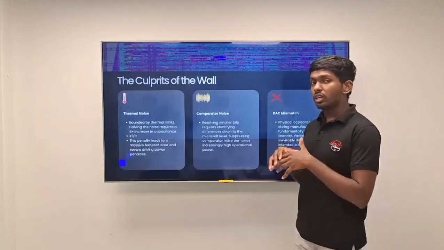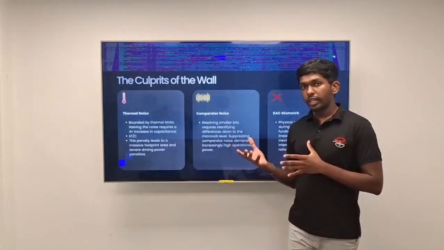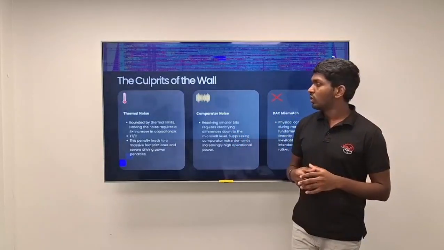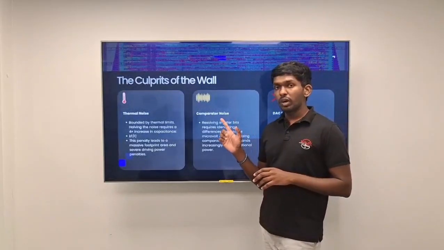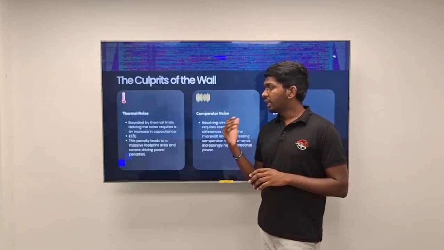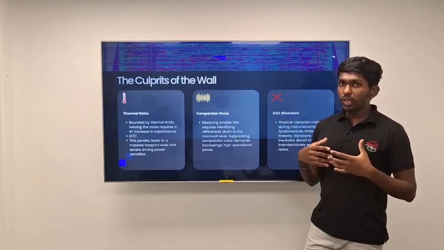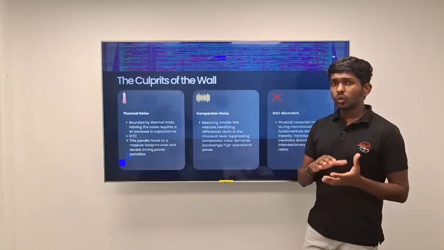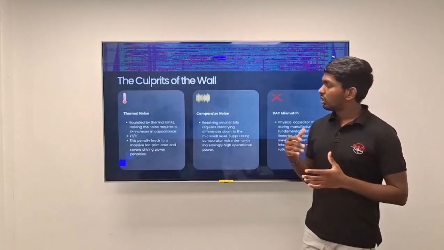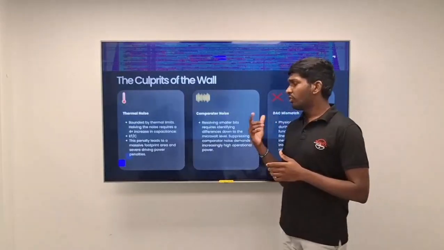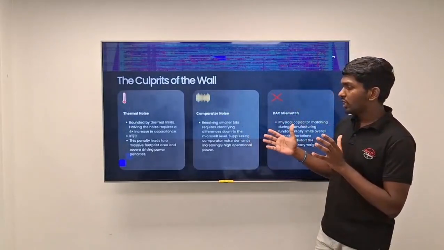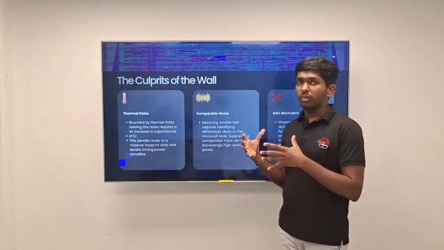That will result in larger layout areas and also switching power loss. So while we increase the capacitor areas 4-fold, we are also increasing the switching power loss. That will lead to massive footprint area and severe driving power needs.